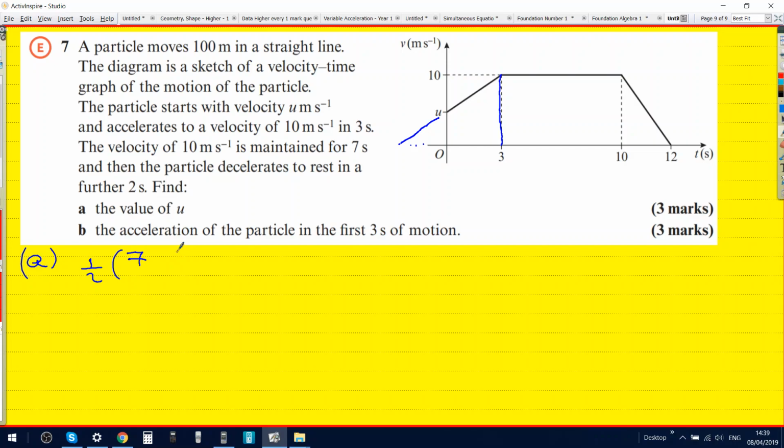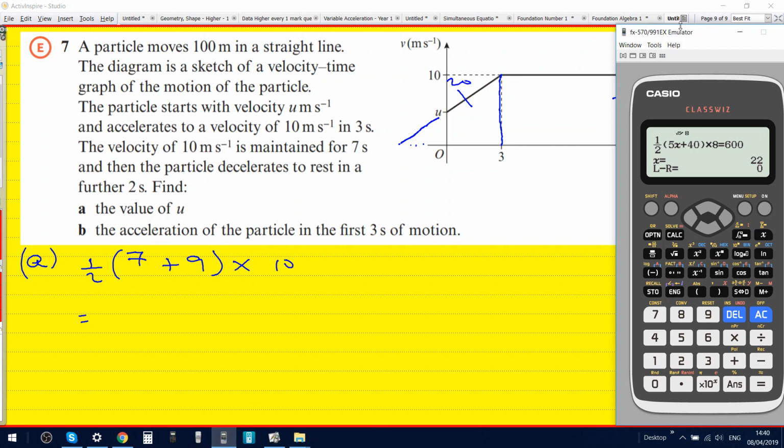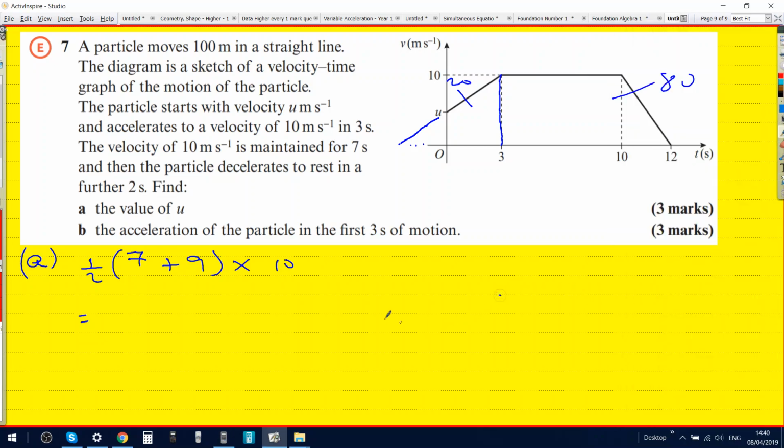What was the total displacement in the question? Oh, 100 meters. So 20. So this one in here must be 20. And so how can you use that to work out u? Half A plus B times height equals 20, yeah.